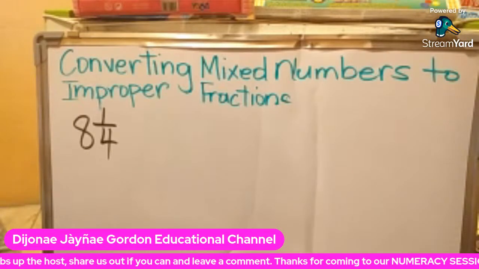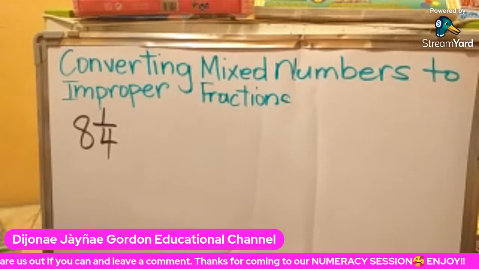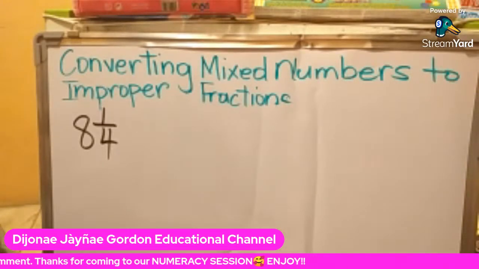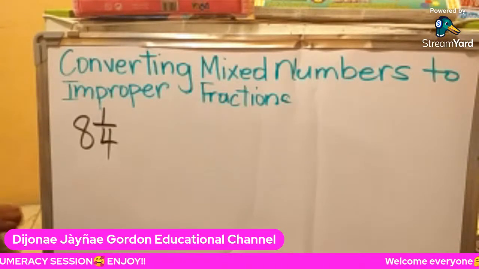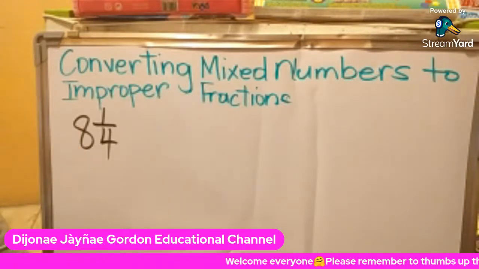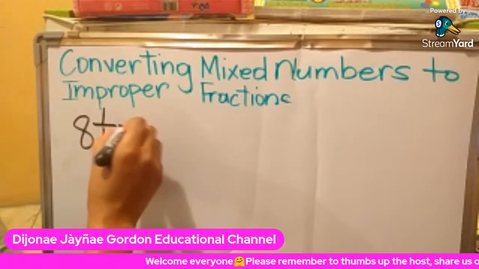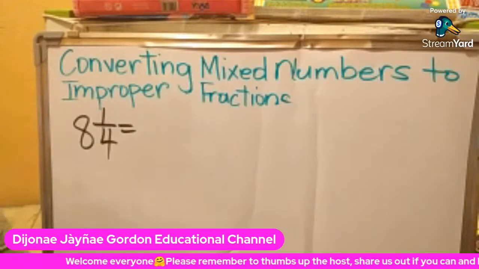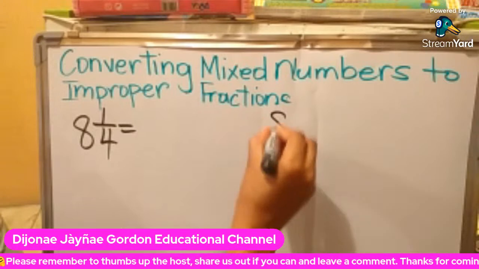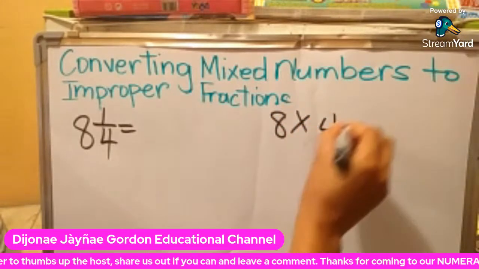How are we going to do that? The first thing we have to do is multiply our whole number by our denominator. So 8 multiplied by 4.